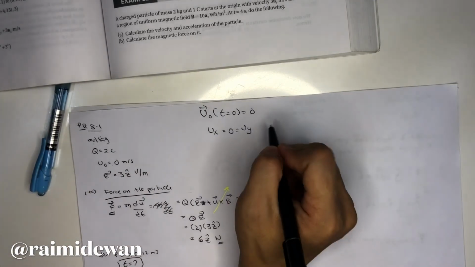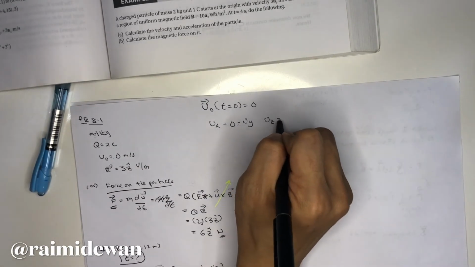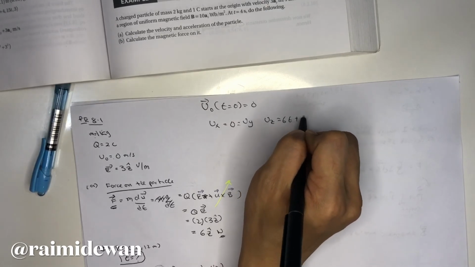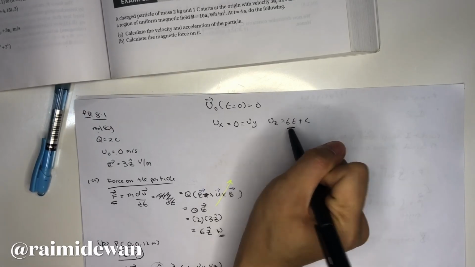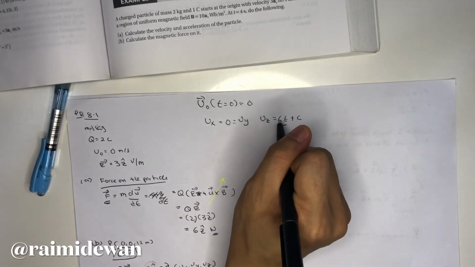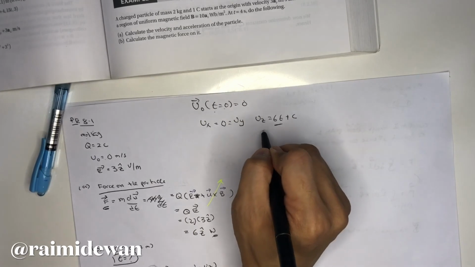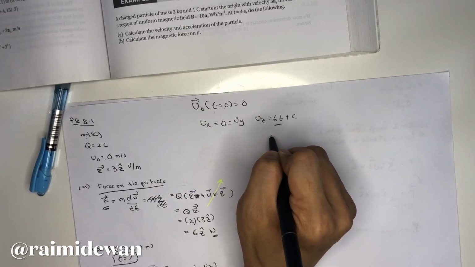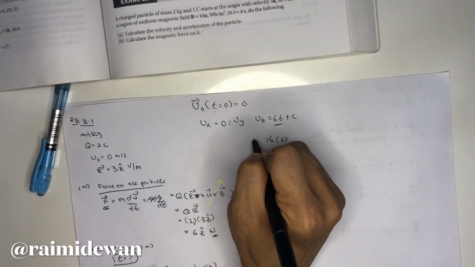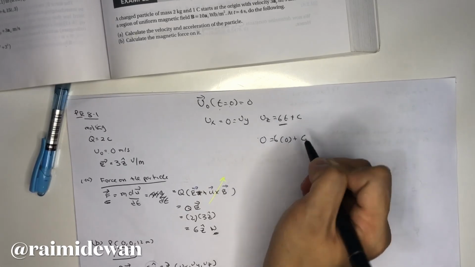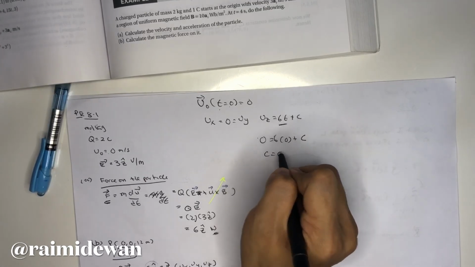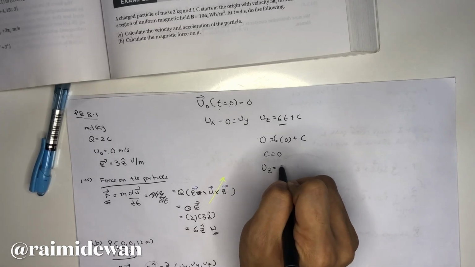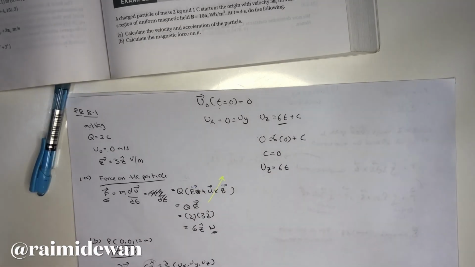However, uz equals 6t plus c, where we have an element of t. At time 0 it is mentioned to be 0, so your c is actually 0. So you end up with uz equals 6t only.